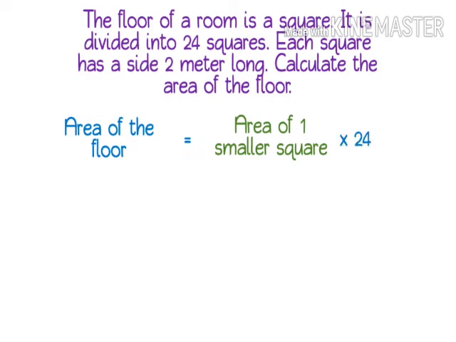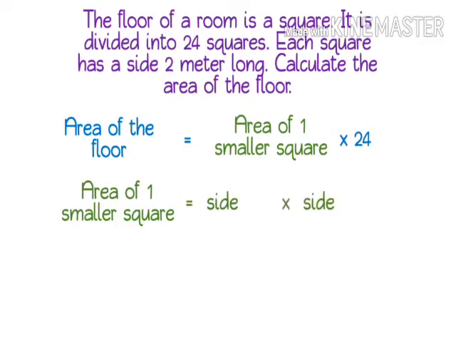First, let us find the area of the smaller square. Let's use the formula. Area of a square is side into side. That is 2 meters into 2 meters. Then we multiply them and get the area. The area of the smaller square is 4 square meters. We have to find the area of the room.